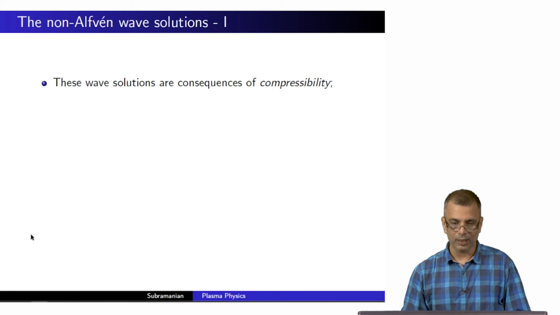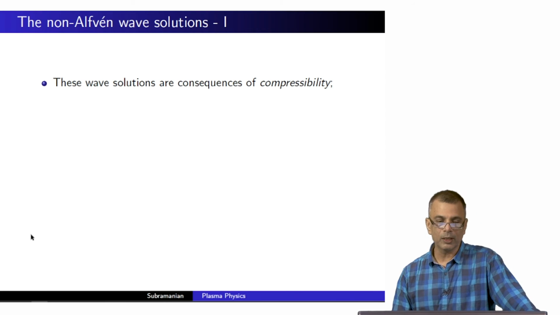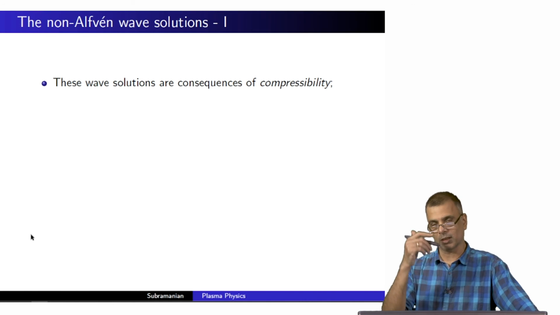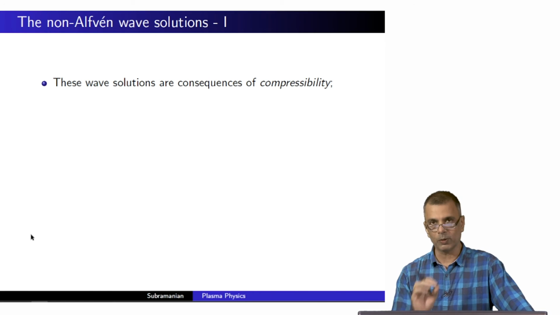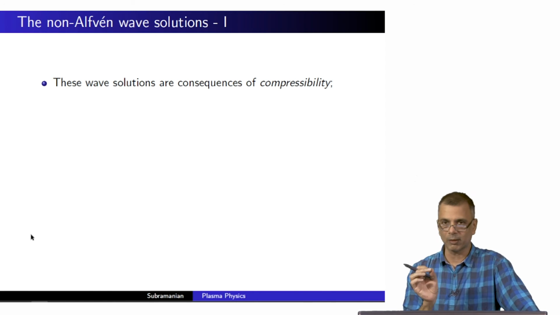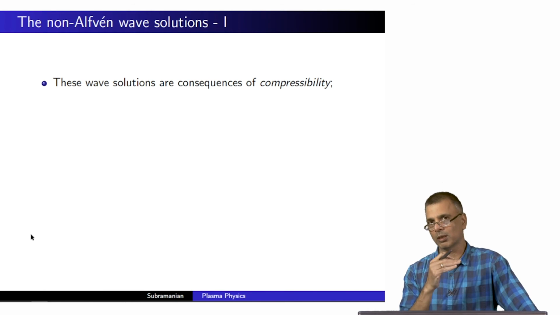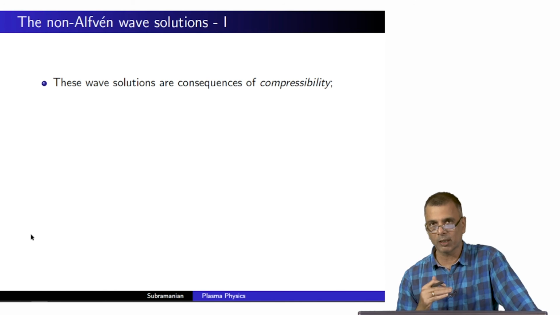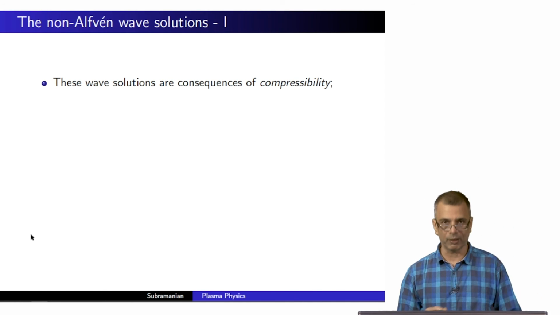Right, okay. So now let us move to the non-Alfvén wave solutions. Remember, we split up the three equations in components, and we marked the ones which involve only the y components in red. We found that they represent Alfvén waves.